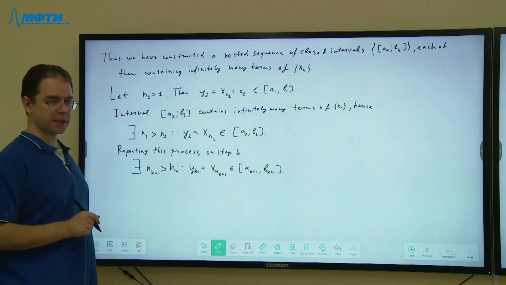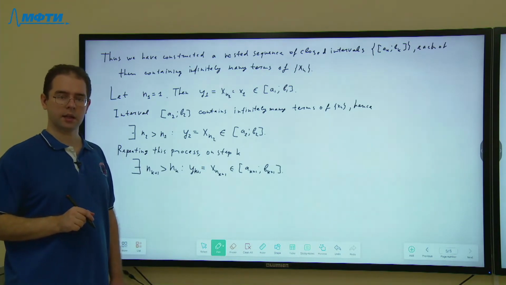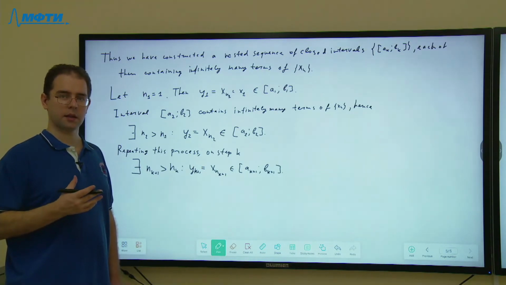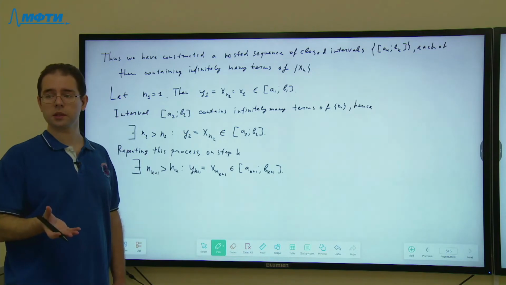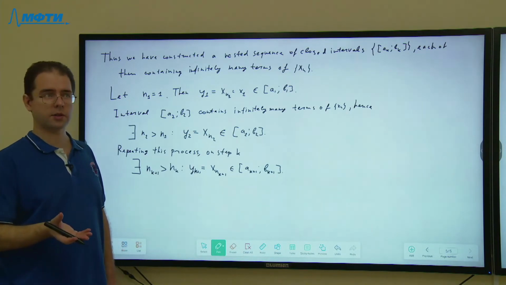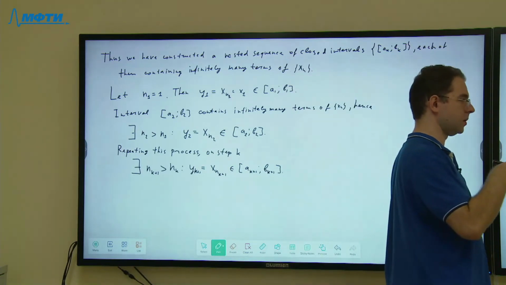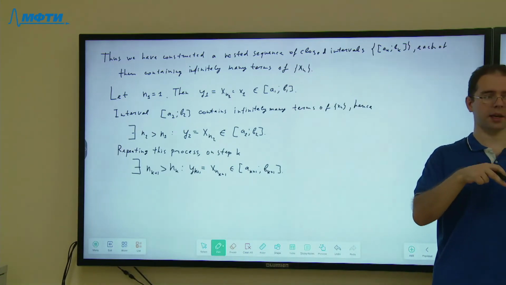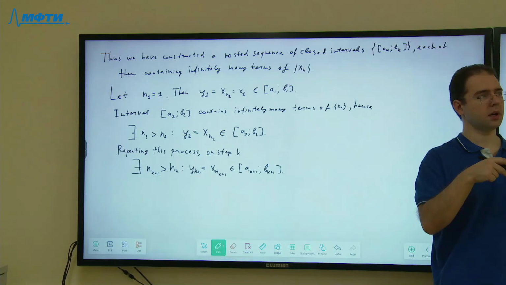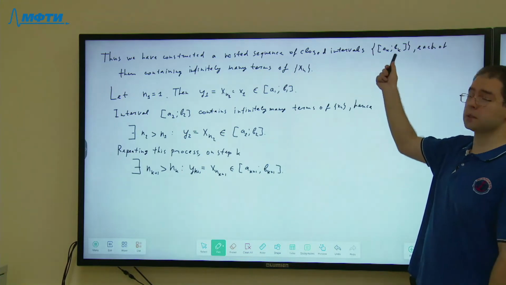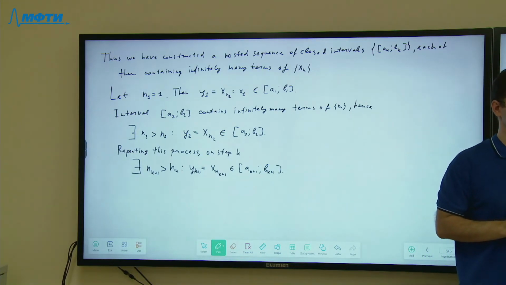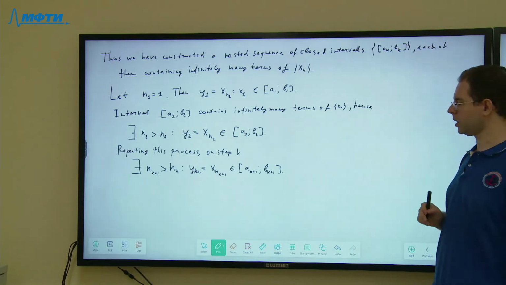So basically I have constructed a subsequence such that each of the elements of this subsequence lays on the corresponding closed interval from this sequence of closed intervals. Okay.